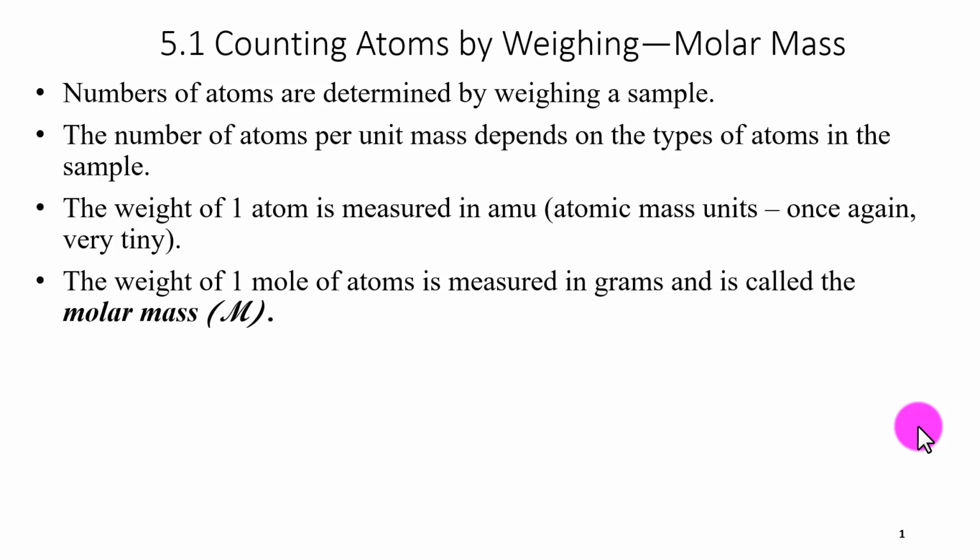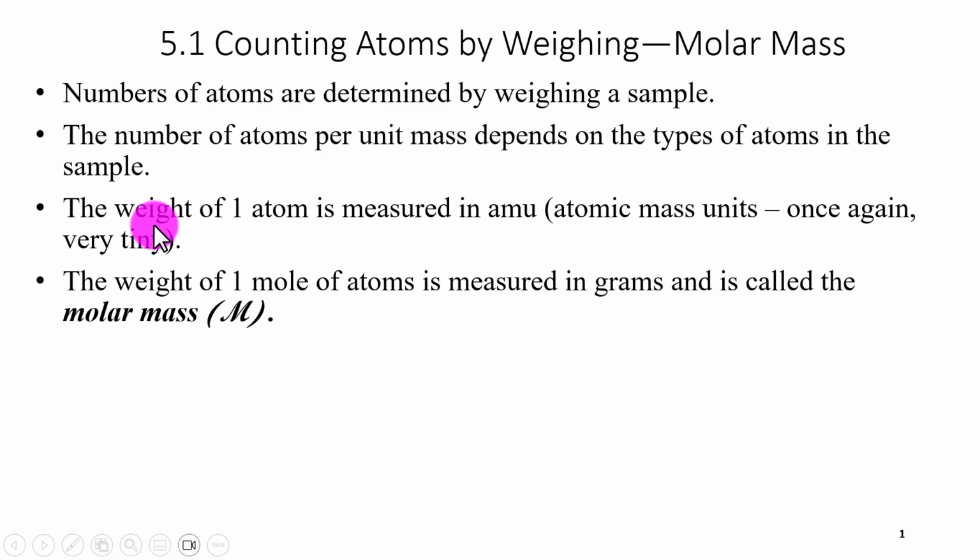So 1 mole of hydrogen atoms has 6.022 times 10 to the 23rd hydrogen atoms. But 1 mole of iron also contains 6.022 times 10 to the 23rd iron atoms. 1 mole of hydrogen, however, is going to weigh a lot differently than 1 mole of iron because individual atoms weigh differently.